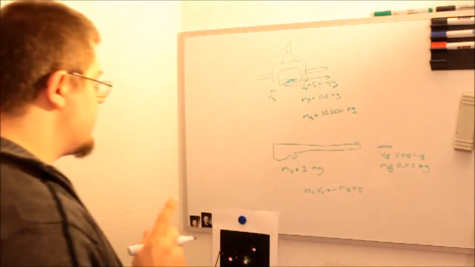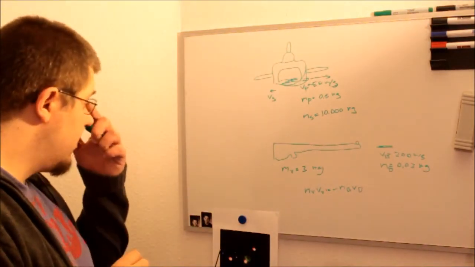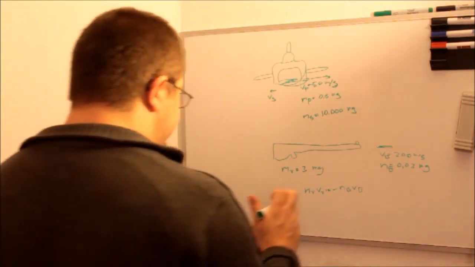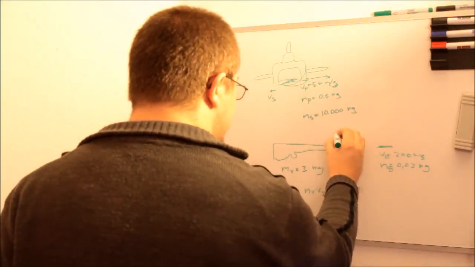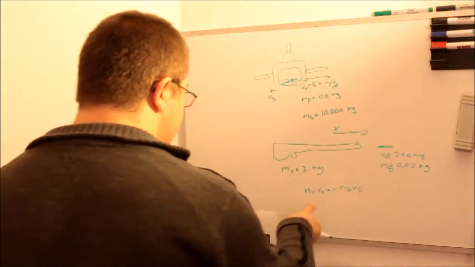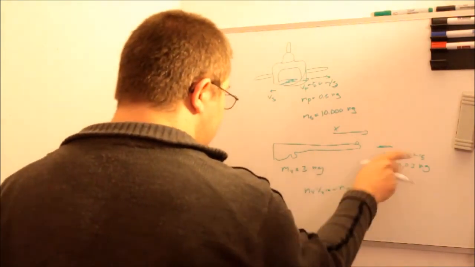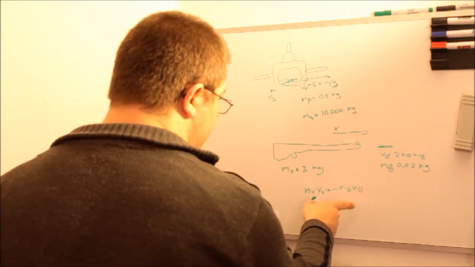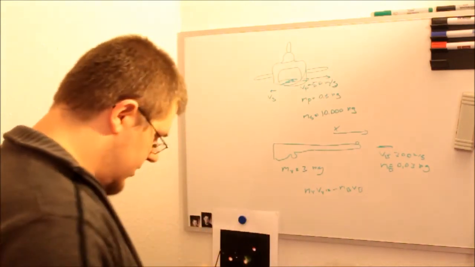One thing you have to consider here is which direction you are going. If we say that this is the positive x direction, then the bullet going this way would have to be positive, and that is why when I move it over to the other side, it becomes negative.